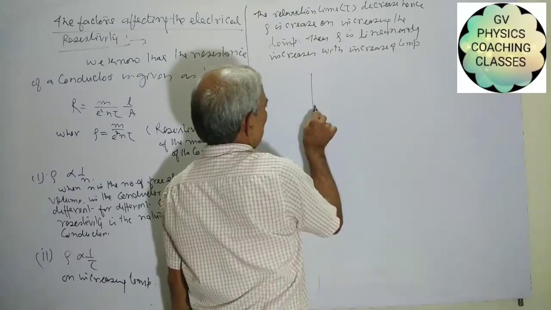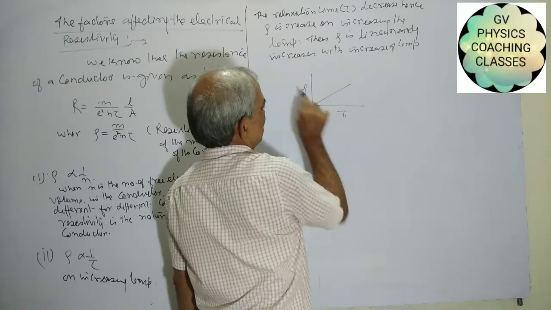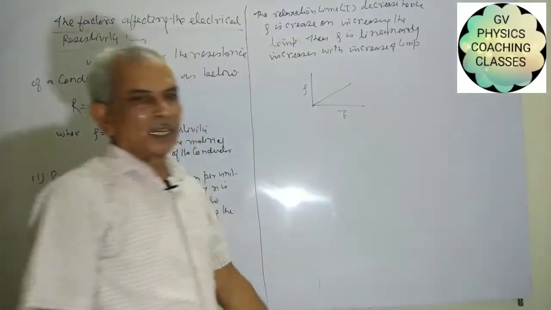If we draw a graph between the temperature and the resistivity, then we get it like this.